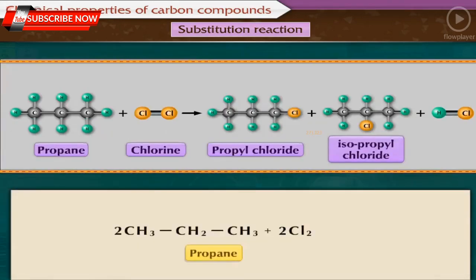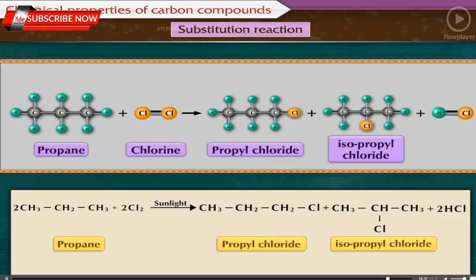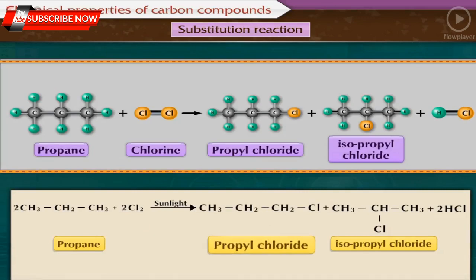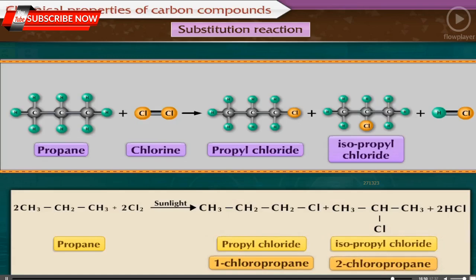In the chlorination reaction of propane, 2 isomeric products are obtained by the substitution of one hydrogen atom, that is, propyl chloride and isopropyl chloride. IUPAC name of propyl chloride is 1-chloropropane and IUPAC name of isopropyl chloride is 2-chloropropane.